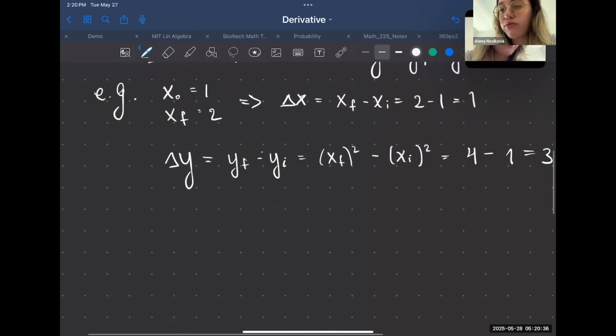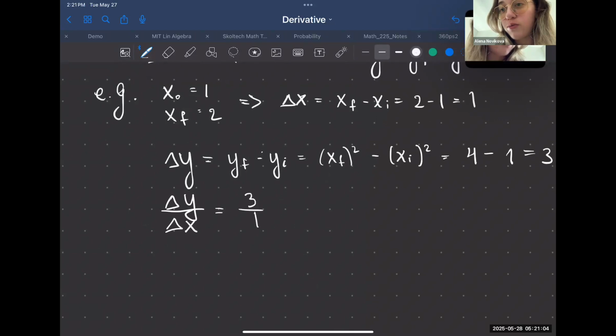So now if we're asking what is that ratio of change, right? You're just going to divide the change in y compared to the change in x. So you could just express it as a quotient, delta y over delta x. For this specific example, it is going to be 3 over 1, 3. So what is this number?